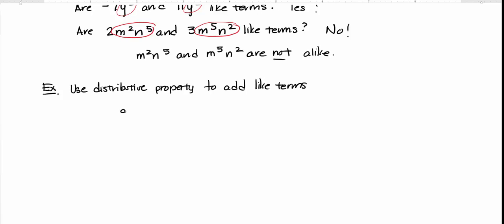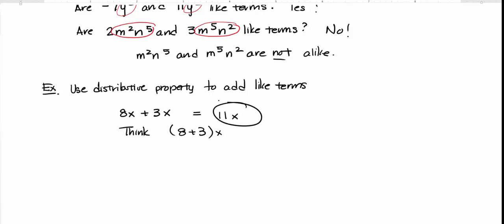So if I have 8x plus 3x, right? When I have 8 x's, it's like saying I have 8 apples and 3 apples. So you simply add the coefficients. So I get 11x. And you can think of it using the distributive property as 8 plus 3 x's.